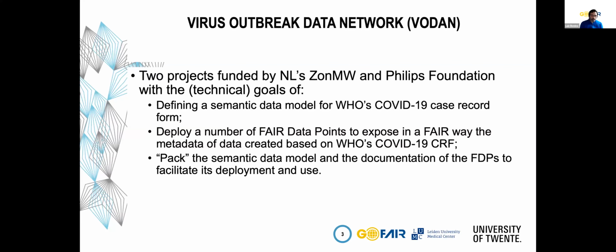And then take all these models and the data points, the installation, the documentation, the recording of these webinars, everything that we need to make it easier for anyone else to deploy and use this infrastructure.